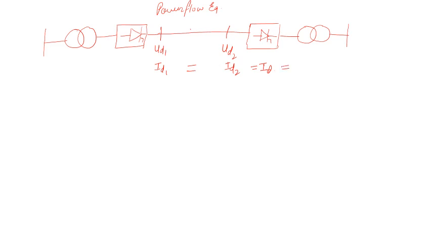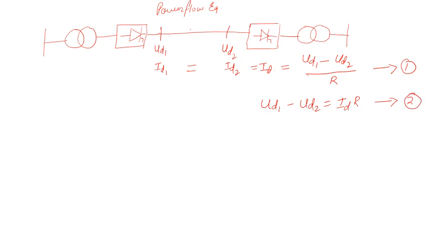I can say that it is the difference in the voltage, UD1 minus UD2, divided by the resistance R. So from here you can say that UD1 minus UD2 is equal to ID into R. This is equation number 1, and this is 2.